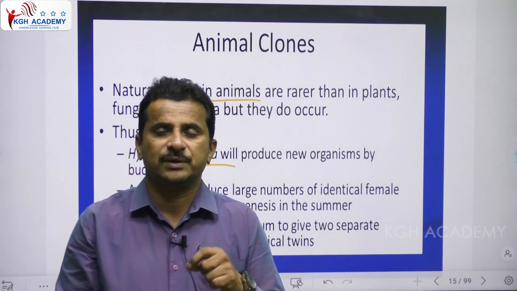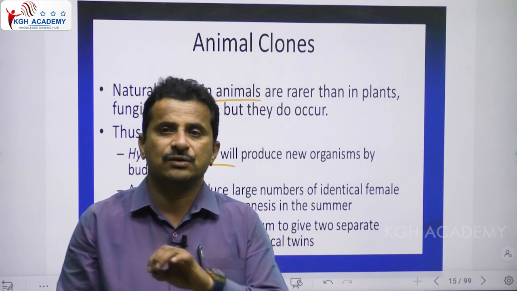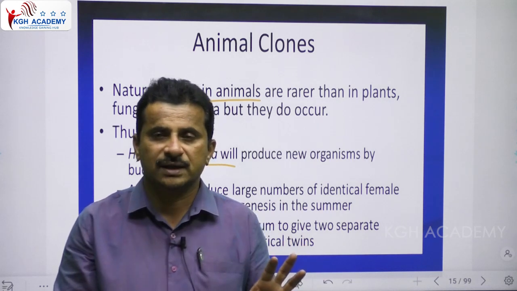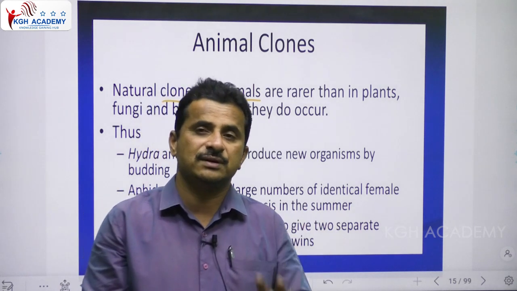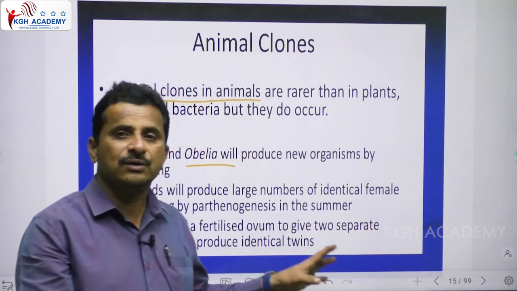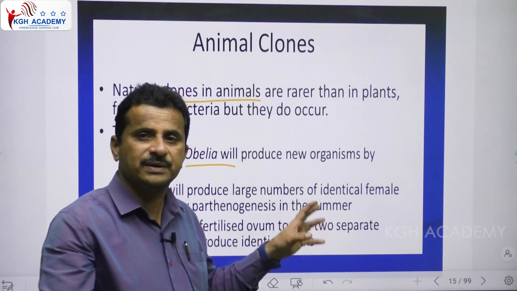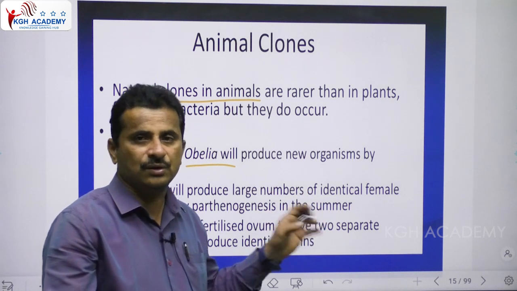This type of reproduction is called asexual reproduction. Here in cloning, there is no formation of gametes and no fusion of gametes, so organisms develop directly. That's why cloning is asexual reproduction. The lower animals show asexual reproduction, that means they produce new organisms for the next generation through cloning.